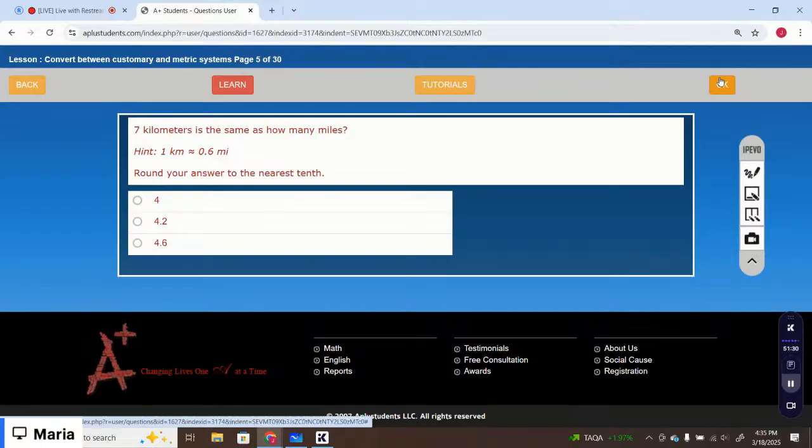So we have to do 7 times 0.6. That is 4.2. Option number two is the correct option.